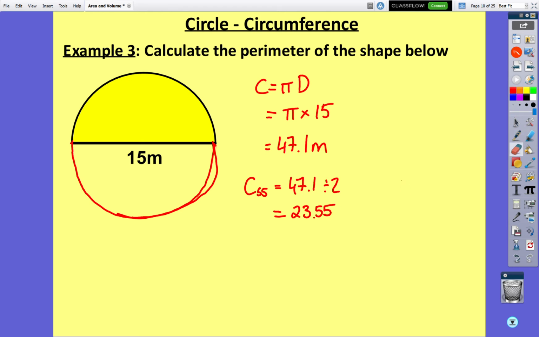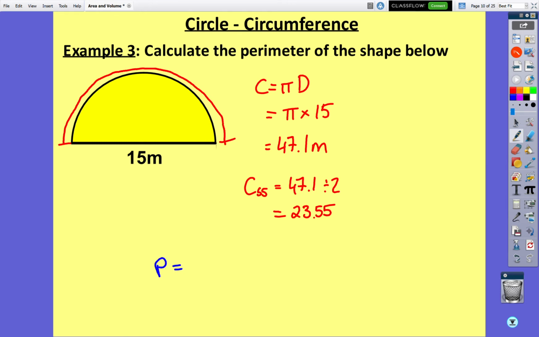Right, if I go back to my original diagram now, that length I've calculated is this. So last step, just to calculate the perimeter. Perimeter is going to be 15 plus 23 point, I'll just round that to one decimal place, 0.6.